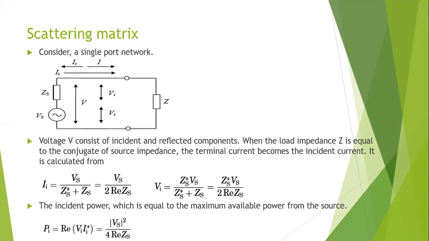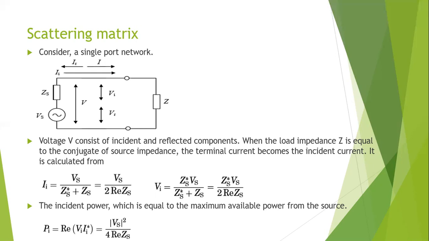Voltage V consists of incident and reflected components. When the load impedance Z is equal to the conjugate of the source impedance, the terminal current becomes the incident current. It is calculated as in the equations given below. Here, I is equal to Vs, the source voltage, divided by the conjugate of the source impedance plus the source impedance.